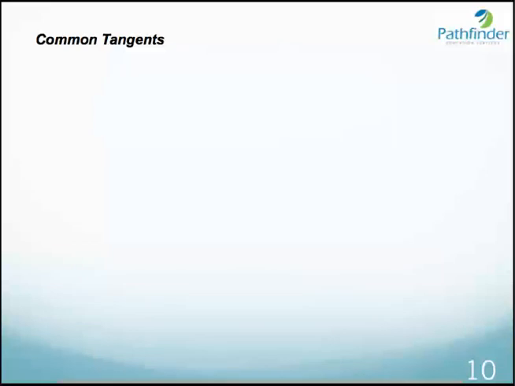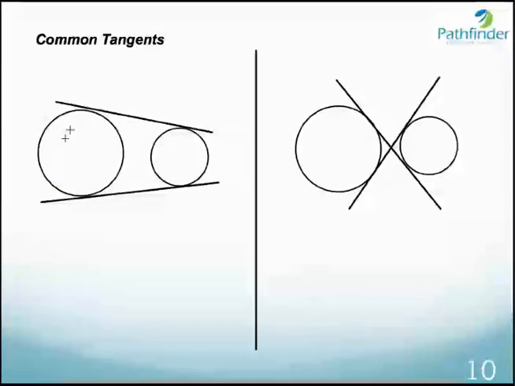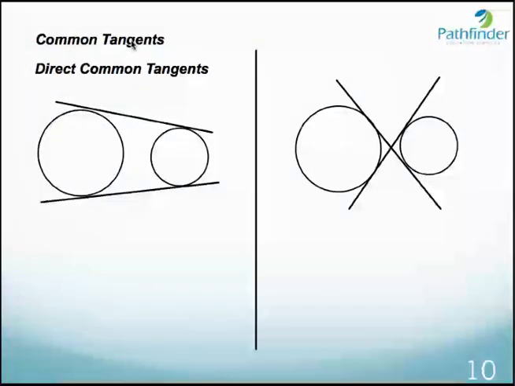Now we take a look at the properties of common tangents. What are common tangents? So the two figures shown here depict common tangents. On the left we have the direct common tangents and on your right we have the transverse common tangent.